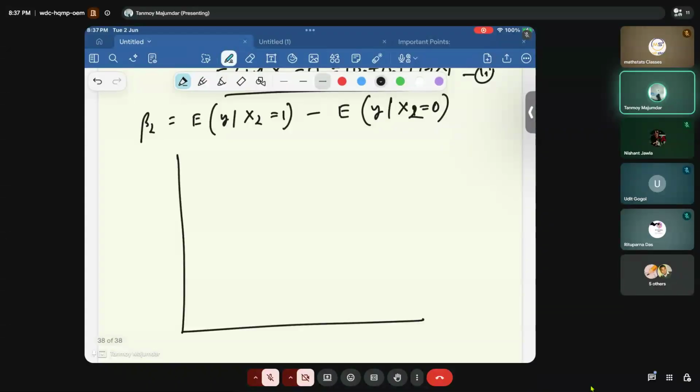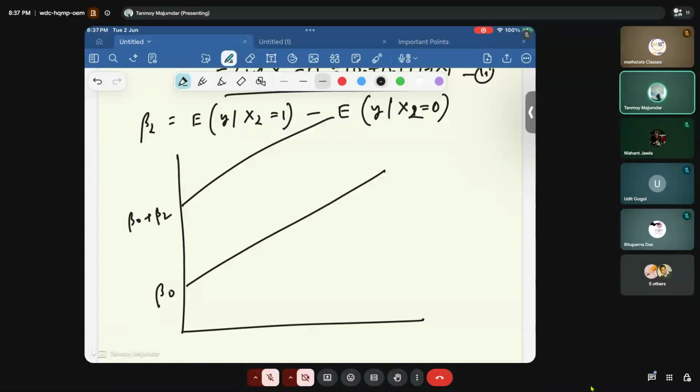So here there are two regression lines basically. One is for x2 is 0 and one is for x2 is 1. So this line which is below, suppose it is our beta naught, and this one is our beta naught plus beta 2, because this is the intercept.